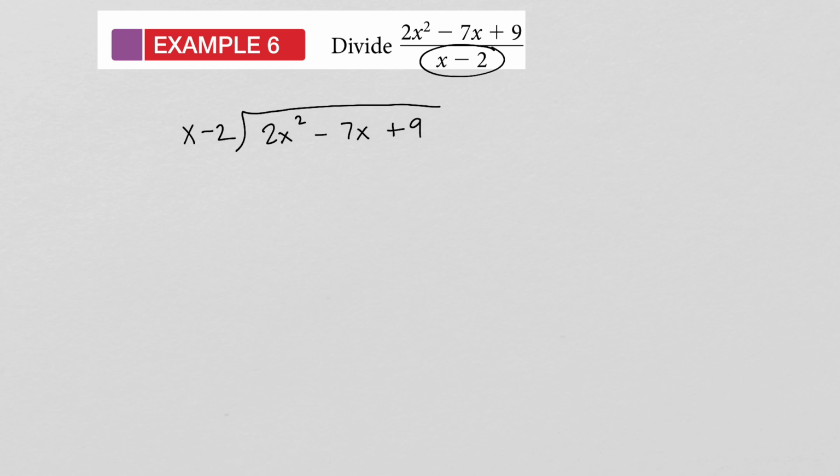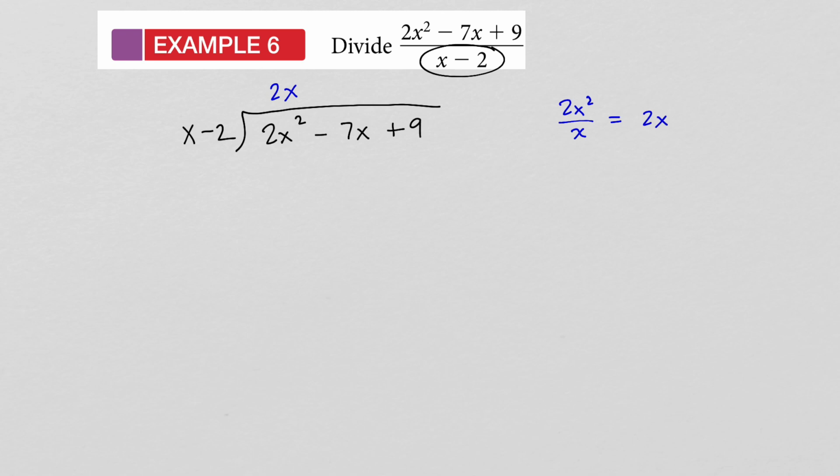Now to do this, we just focus on the first term here and the first term here. And we're going to ask the question, how many times does x go into 2x squared? So we are taking 2x squared and dividing it by x, which of course gives us 2x. So x goes into 2x squared 2x times.